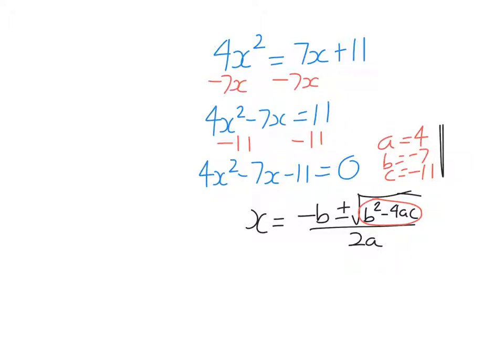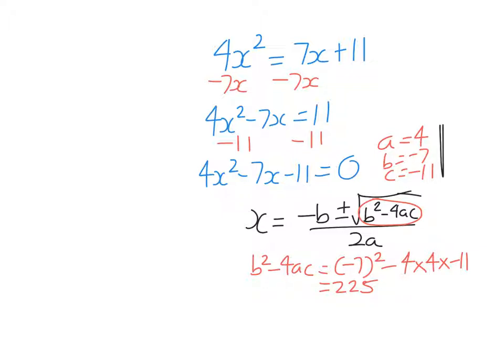So here, b squared minus 4ac is b squared minus 4 times a times c. If you put that on your calculator, you get 225. So that's easily greater than 0. So there should be two solutions to this equation.